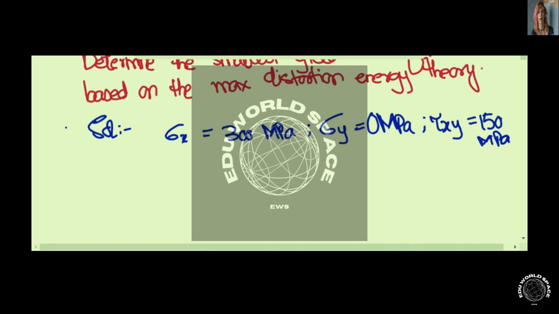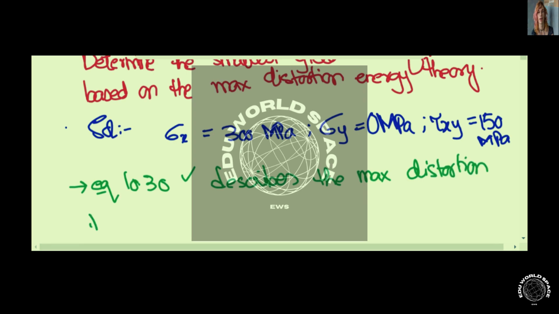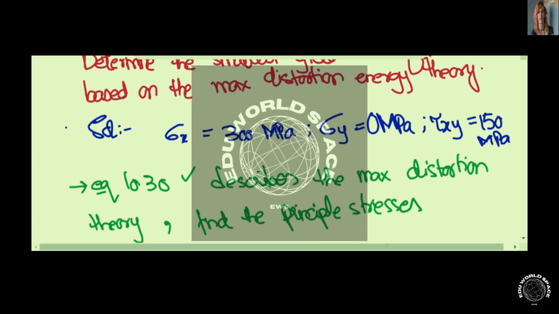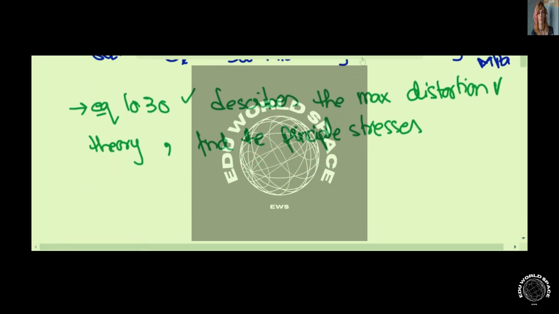Now we are required to solve the smallest yield stress, right? So for that, we are going to use equation 10.30, and this equation describes the maximum distortion theory, and for this we are required to find the principal stresses.